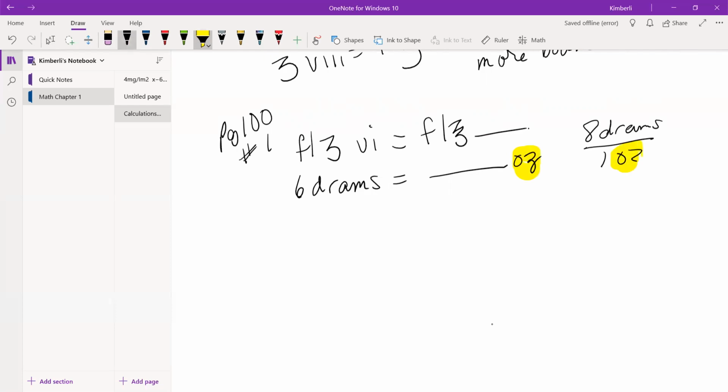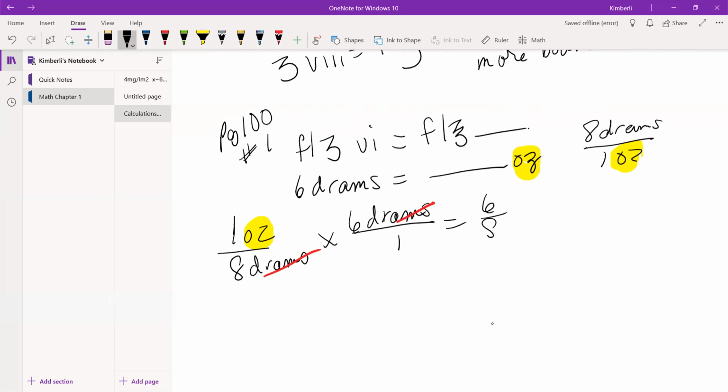So I'm going to put that on top. 1 ounce over 8 drams times 6 drams over 1. So now my drams are going to cancel, leaving me with ounces, which is what I want to solve for. So 6 over 8, or 3/4 of an ounce.